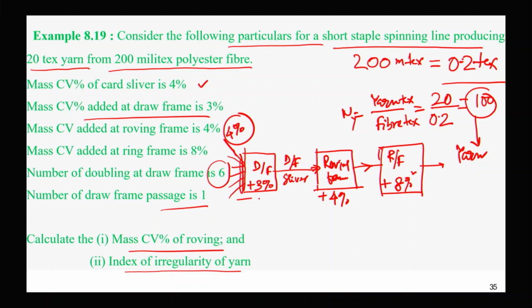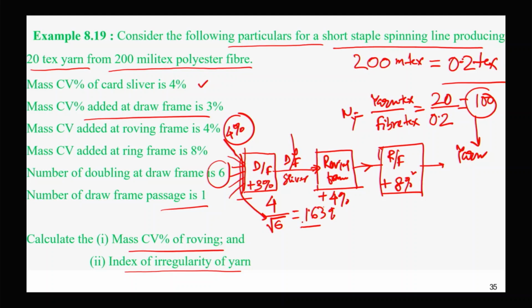The draw frame sliver input CV will be 4 by under root 6, which will be 1.63%.